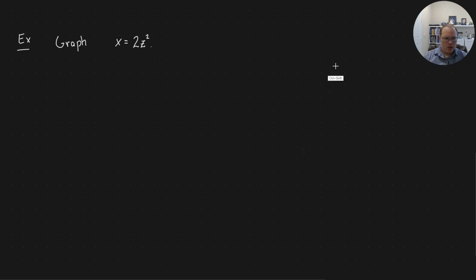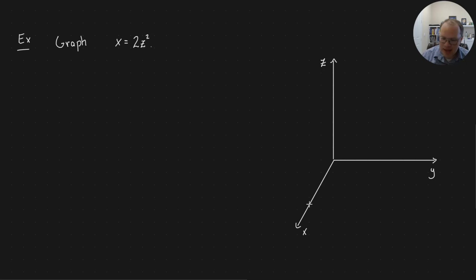Okay? So what I'm going to do, I want to sketch this in 3 dimensions, but I'm not going to do it right away. Since the y can be anything, I'm going to focus on just the xz plane. The xz plane is the plane that intersects the x and z axes.